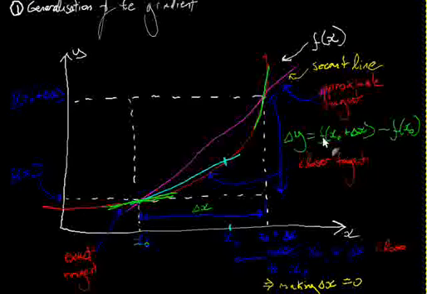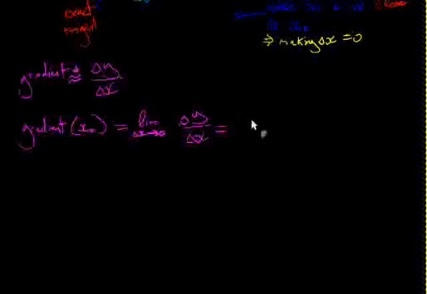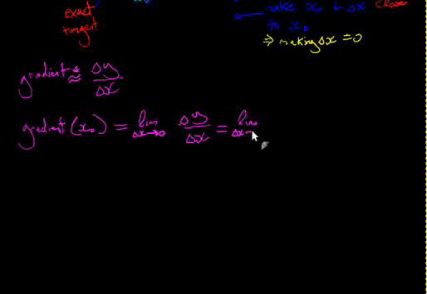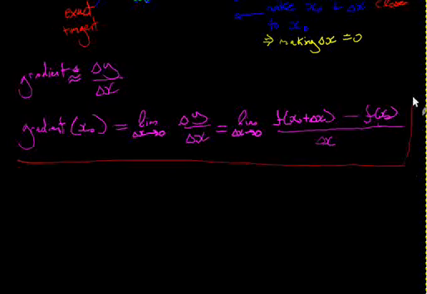So what we want is the gradient of our secant line. The gradient of our secant line is given by gradient equals delta y divided by delta x.